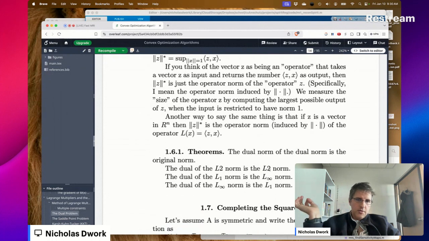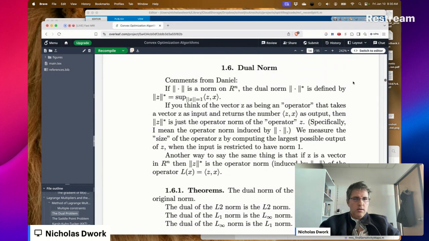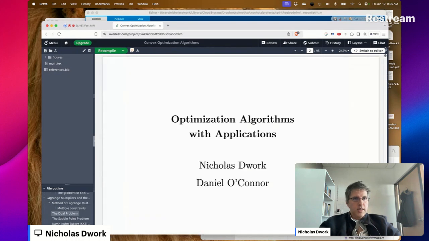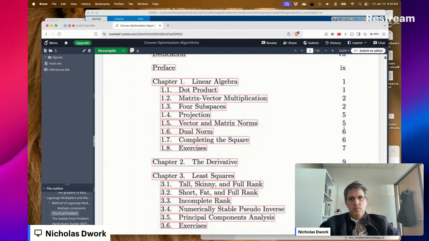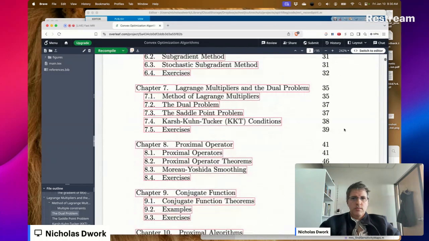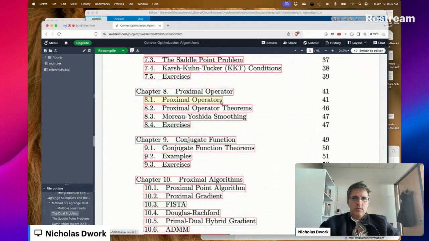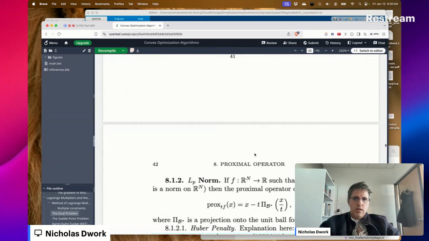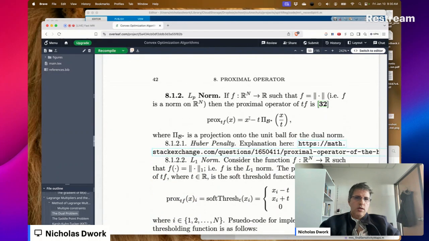The dual norm of the L2 norm is the L2 norm. Good. Okay, so then that brings us back up to here. So this is the answer.